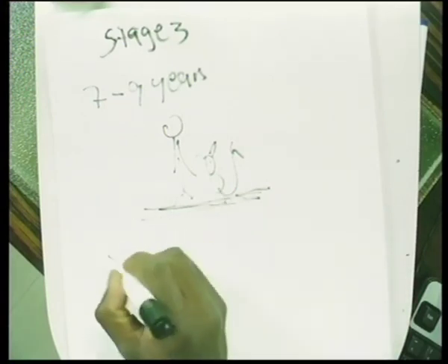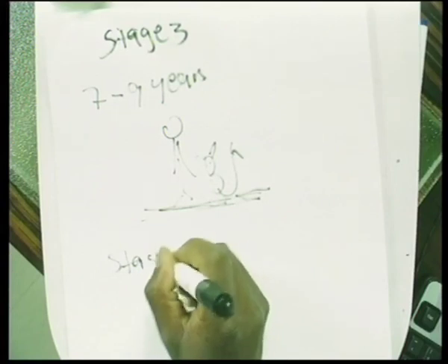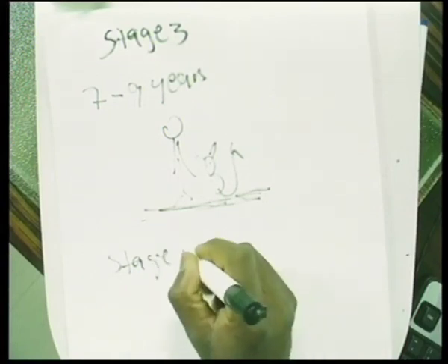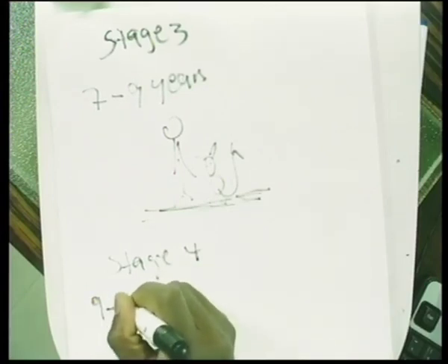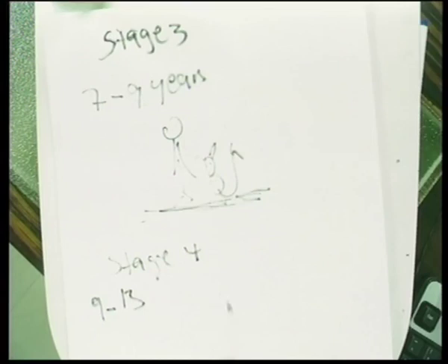Then we look at stage 4, which is between 9 and 13 years of age. Learners at this stage of artistic development are very critical of their own success. Their success is determined by the level of realism achieved in the drawing.